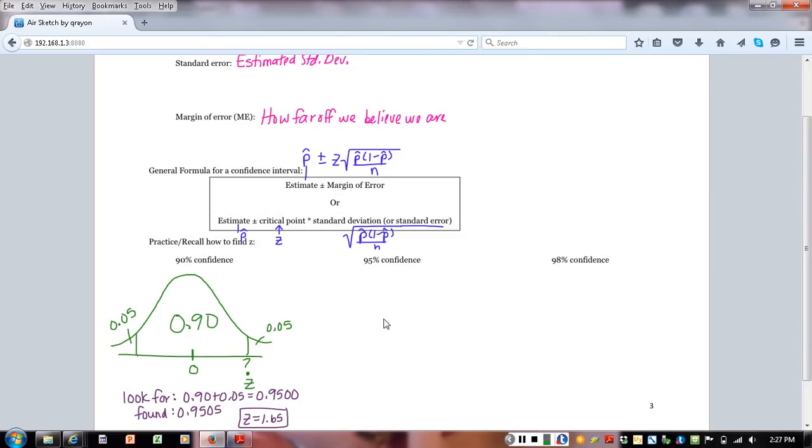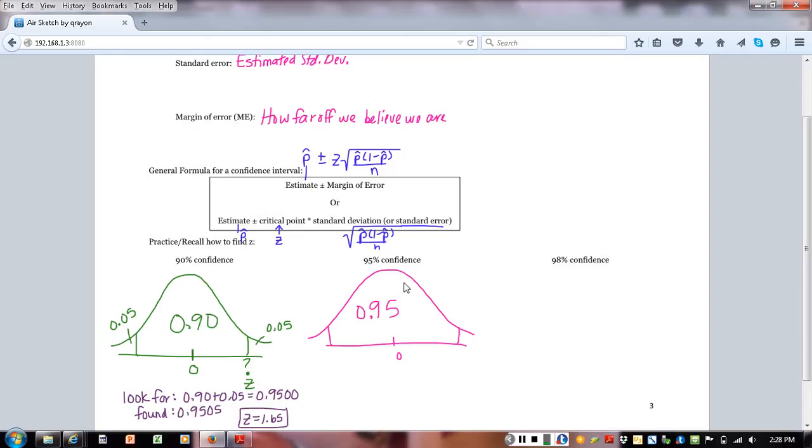Now we're going to do the same thing for 95% confident. We should already have a pretty good idea of what we should get for 95% confident from using just our normal curve rule. We're told that 95% falls within about 2 standard deviations of the mean. So we should expect to get something close to 2 for our z.